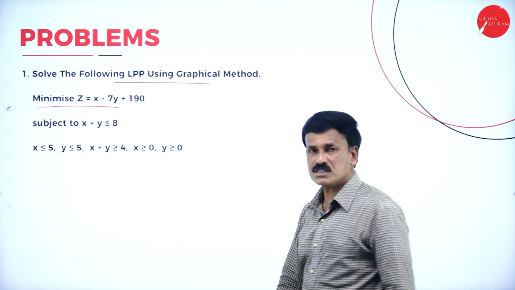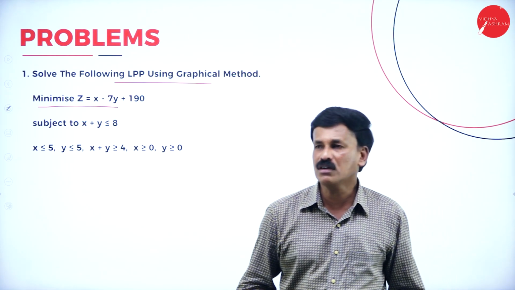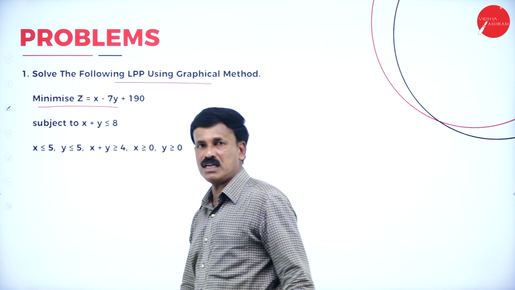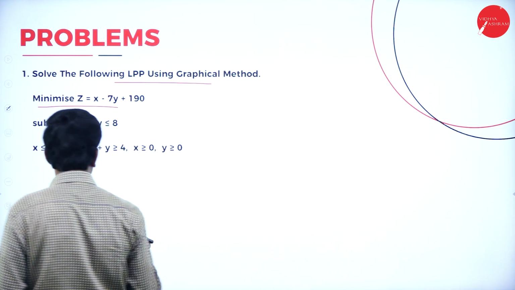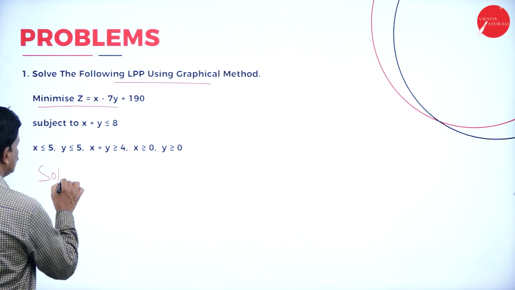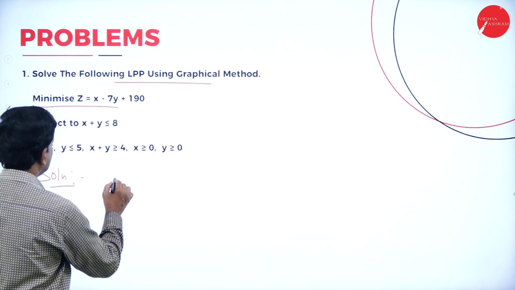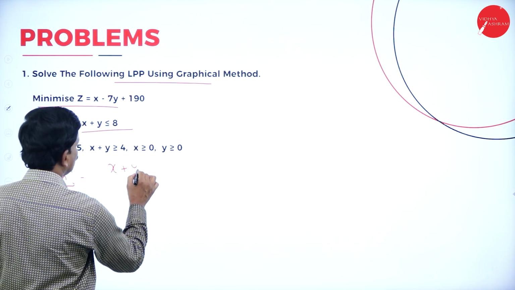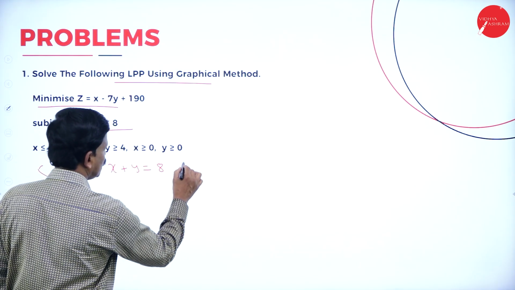So now the first step is, let us convert all these inequalities into equalities. I will start the solution. Now consider the first equation. What is the first equation? x plus y is equal to 8.